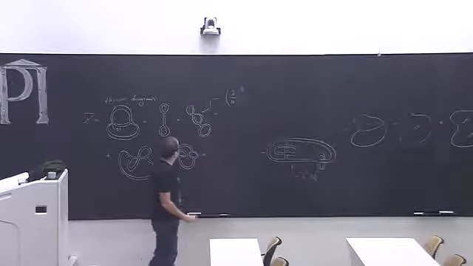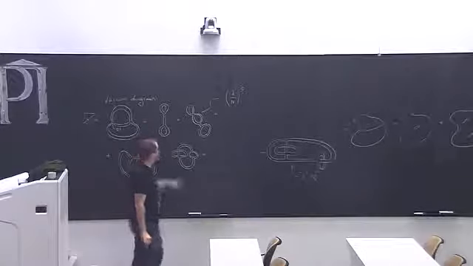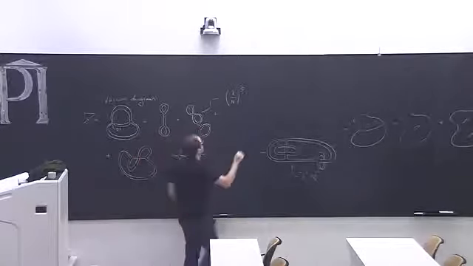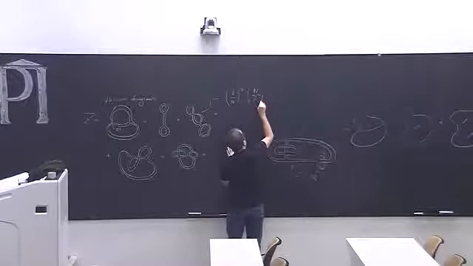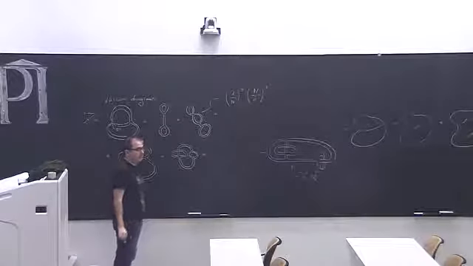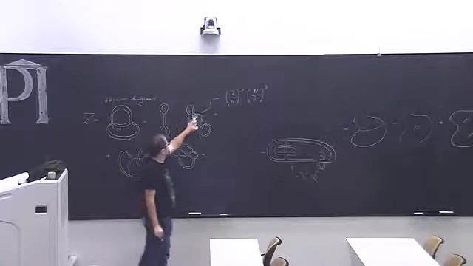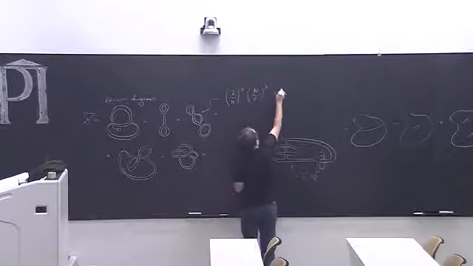How many vertices? 3 vertices, 1, 2, 3. Each vertex came with a factor of 1 over g Yang-Mills, so lambda over N cubed. And how many powers of N? How many loops of color do I have? 4, right? 1, 2, 3, and the outer one, 4. So N to the 4.